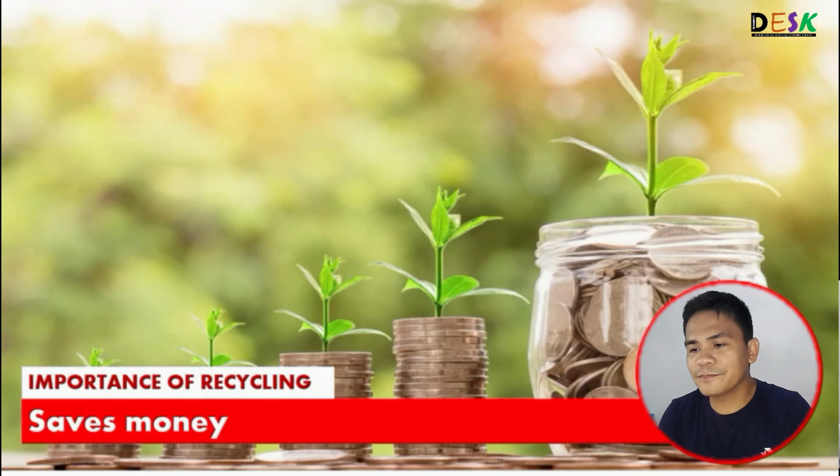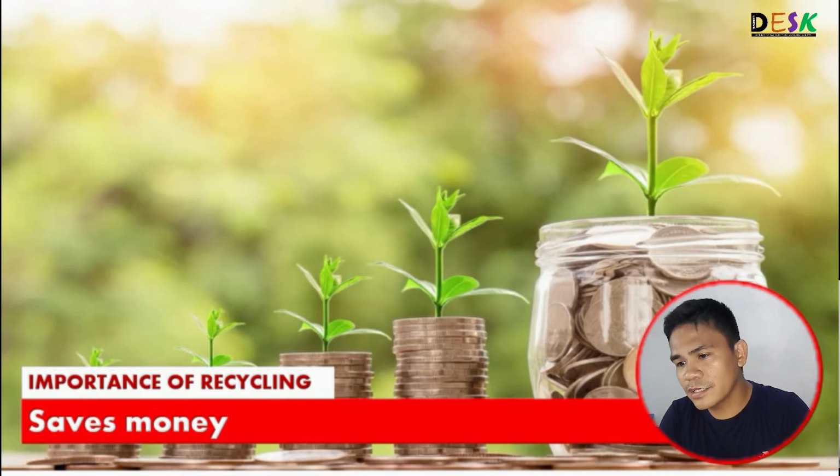An unexpected place where the benefits of recycling can be seen is in our economy. If recycling is done, the government, for example, would not spend more on river dredging or cleanup drives on dirty rivers covered with plastics.